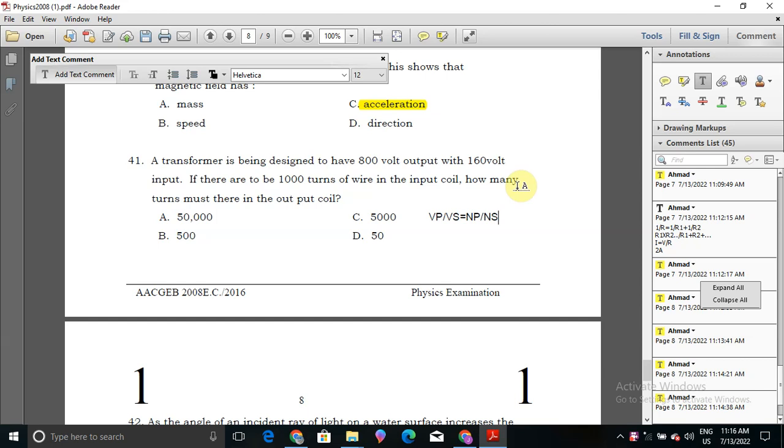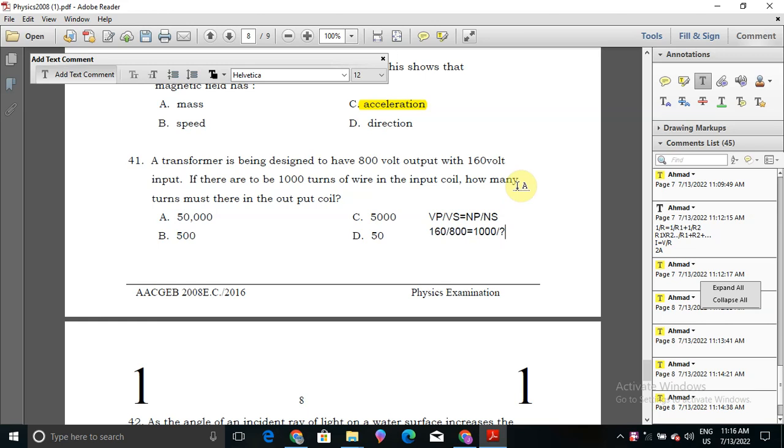So that means 160 over 800 is equal to 1000 over X, or we don't know, for NS, for the output coil.